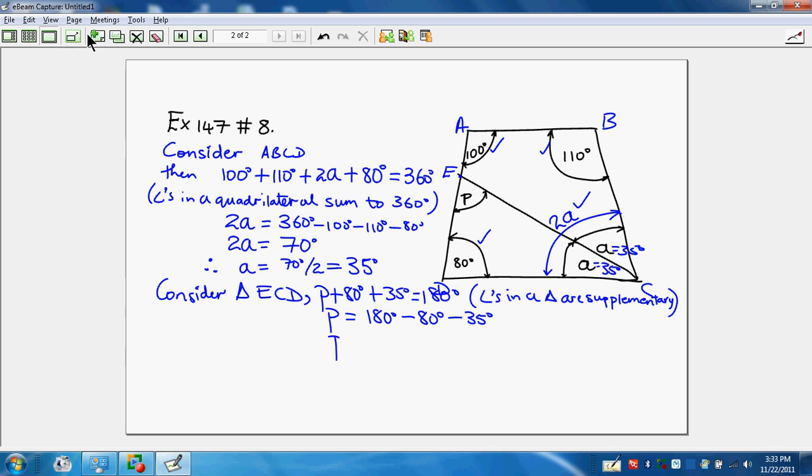So angle P will be equal to, and we have to calculate that. Angle P therefore works out to be 65 degrees, and this is what they asked us to find. So that's your answer, and you underline it.